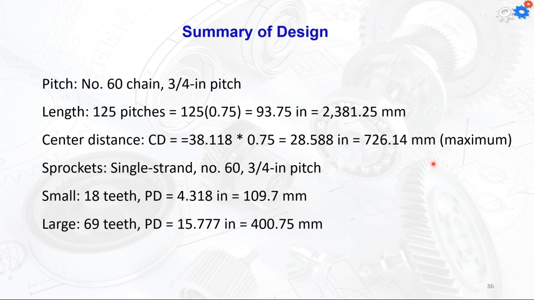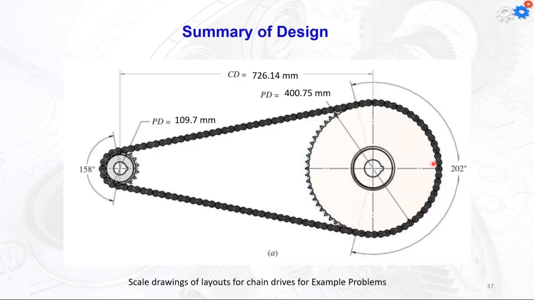That made a difference. The strand we're going to use is single strand. The small sprocket is going to have 18 teeth, which pitch diameter was 109.7 millimeters. The large is going to have 69 teeth with a pitch diameter of 400.75 millimeters. Okay, so that's the summary of the design.